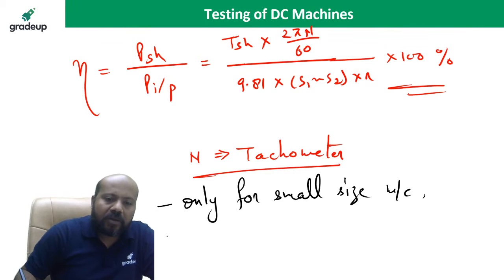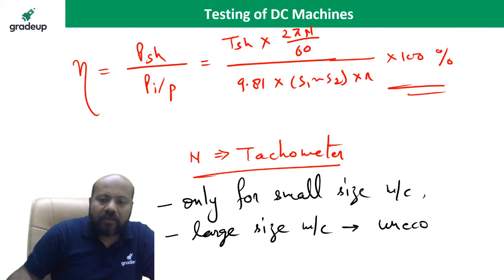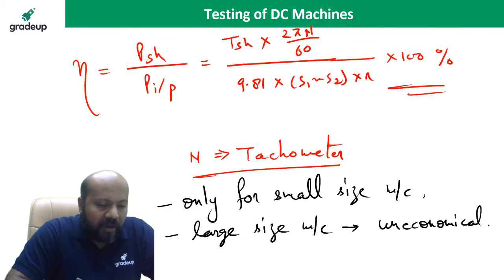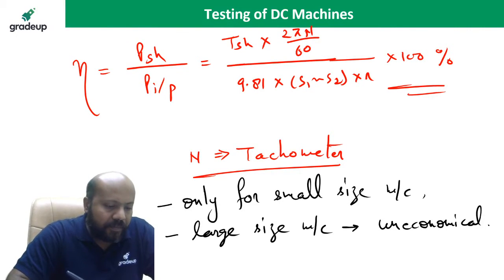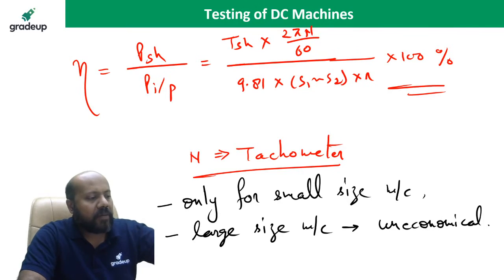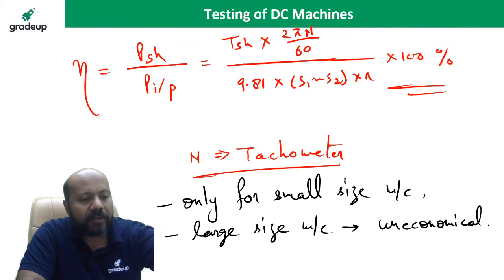For large size machines, it becomes uneconomical. Everybody just tell me, are you getting this idea clear in your mind? Yes or no, just tell me whether you are getting my point or not.